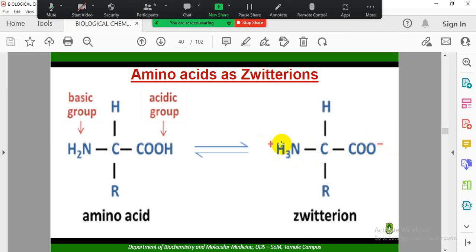The acid donates the proton, and the base is the receiver of the proton. Lewis acid, Lewis base. So they form a zwitterion. A zwitterion has no charge because this charge will cancel this charge out, so that there will be electrical neutrality.